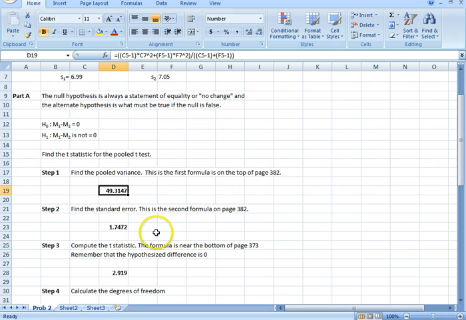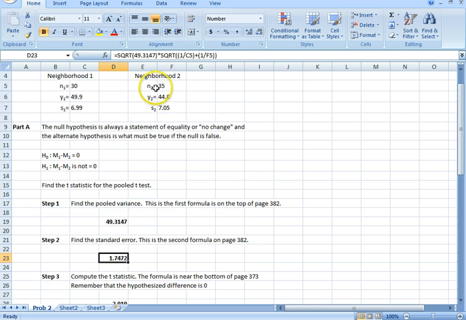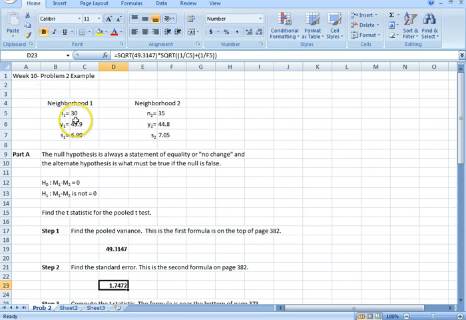Now, step 2, we need to find the standard error. Again, this formula is on the same page 382, the second formula there, and I'll click on that, and you'll see now that we have this pooled variance, we can calculate the standard error, which here is the square root of that pooled variance times the square root of 1 over C5, C5 being our sample size, plus 1 over F5, sample size of neighborhood 2.